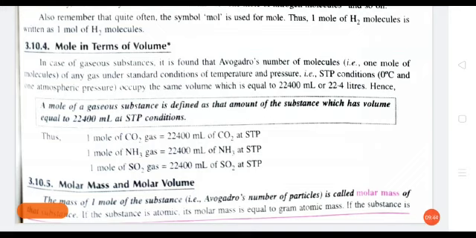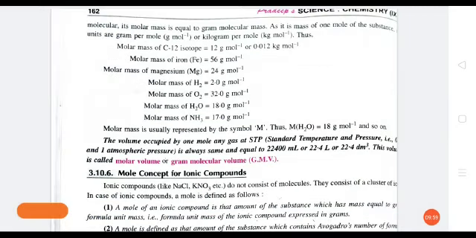Okay, my dear children. Now next comes molar mass and molar volume. The mass of 1 mole of the substance is called molar mass of that substance. It can be expressed in gram and kilogram, and units will be g mole inverse for gram per mole, and kg mole inverse for kilogram per mole.